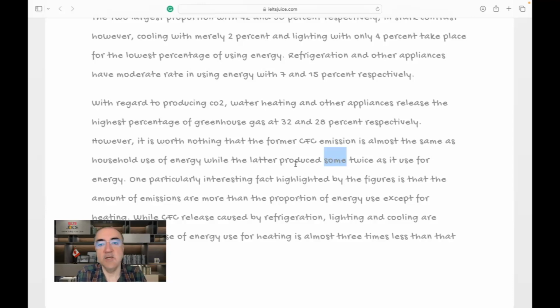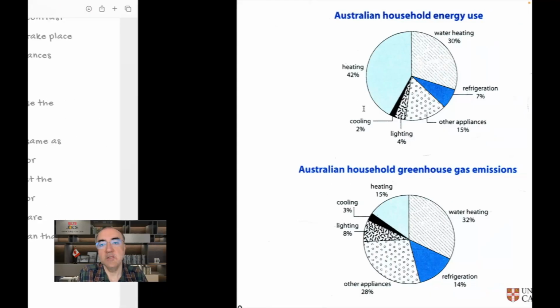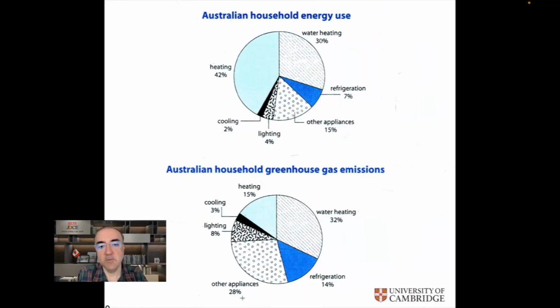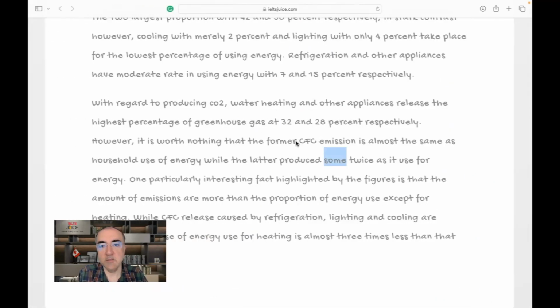So we can say latter produces approximately twice as its use for energy. The latter here is other appliances, and yes, you can see other appliances generate 28% of the total gas emissions, while consuming energy only in 15%. That is approximately twice. That's correct.